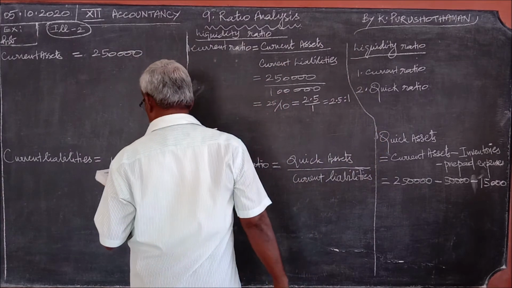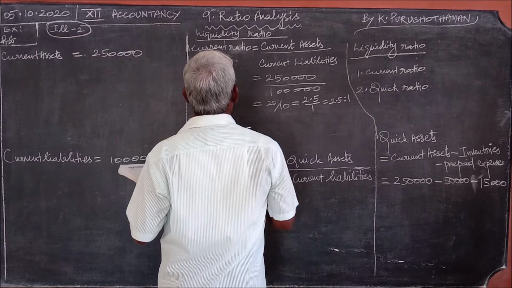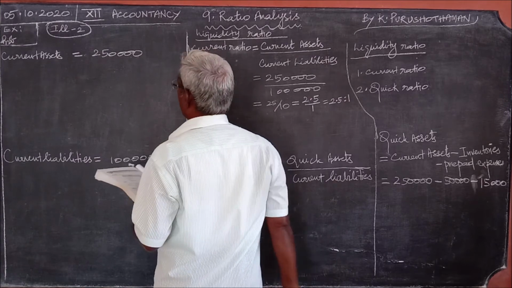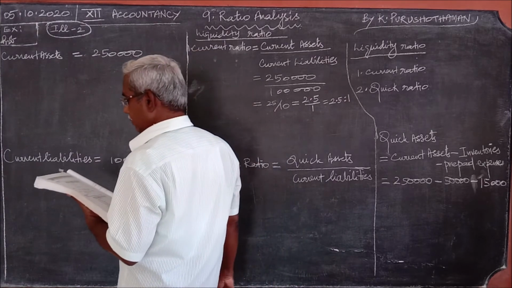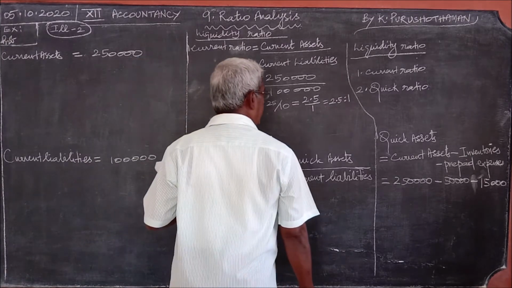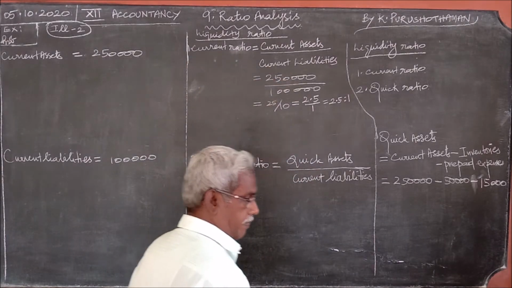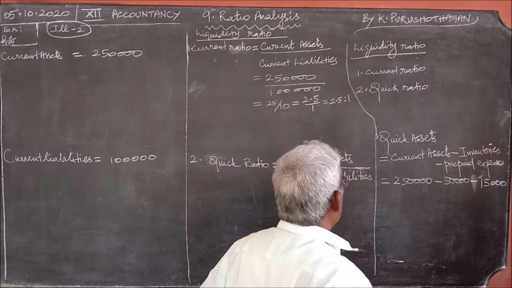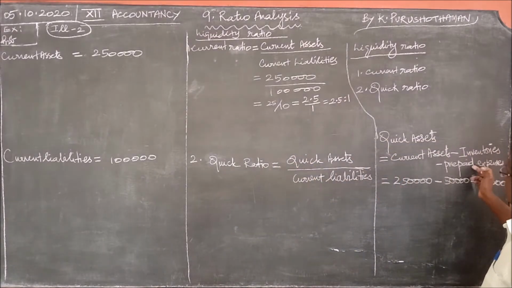What about the quick ratio for the illustration number 2? This is also illustration number 2. And what is quick ratio? Quick ratio is equal to quick assets by current liabilities. Then quick assets minus inventories minus prepaid expenses.